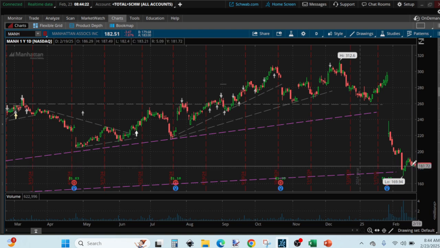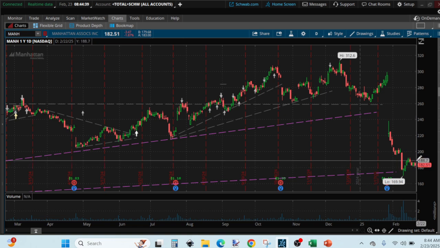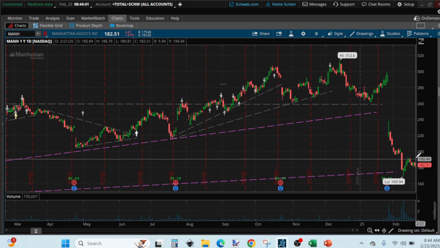This low and this one, I'm comparing the red bars, they are quite even here. So I will want to see higher lows before I purchase.